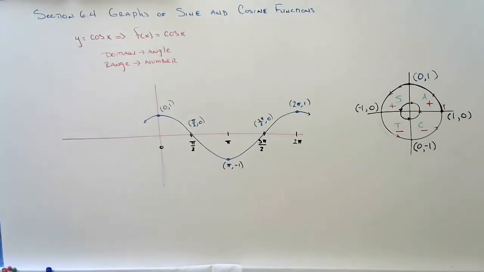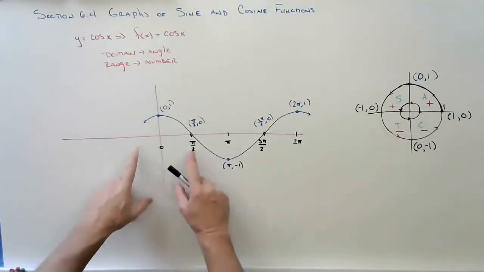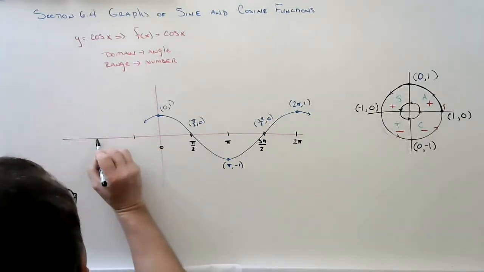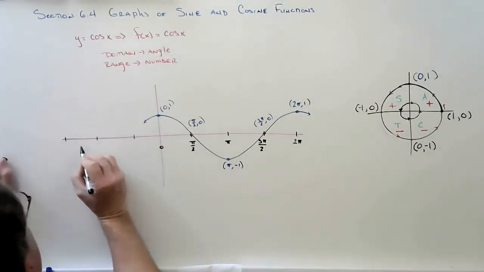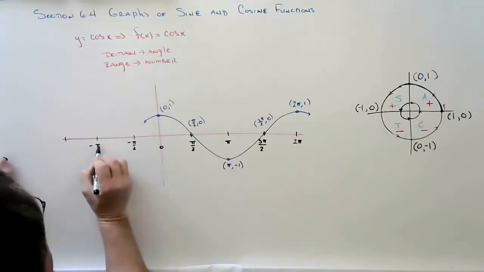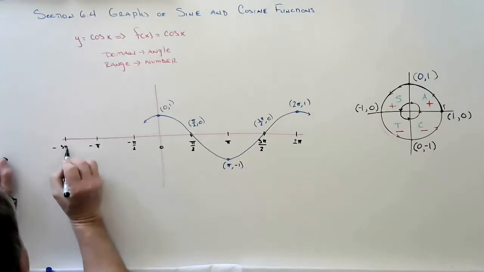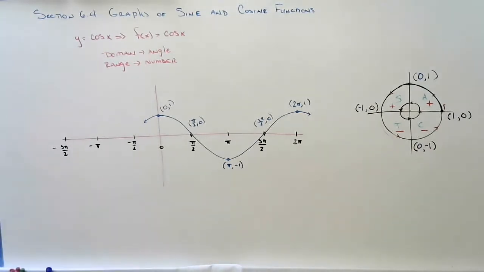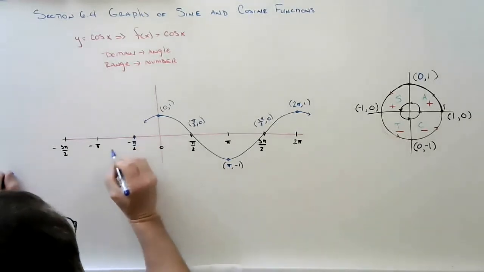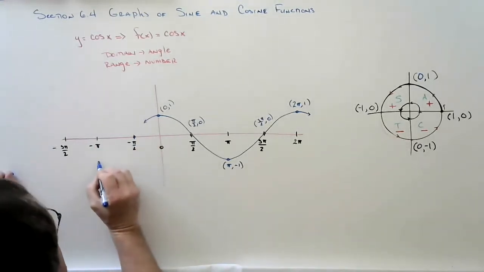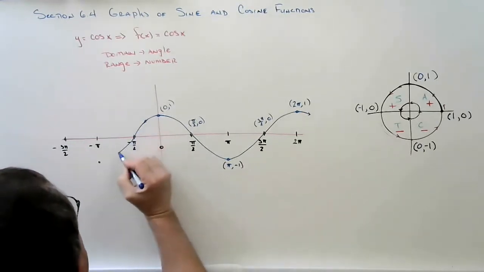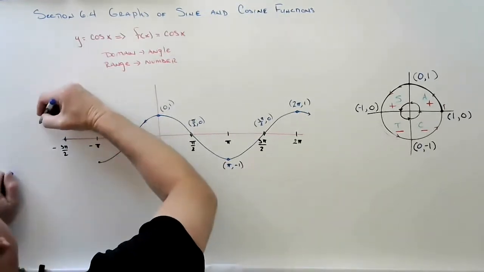Now, if we were to continue this over here, this is going to be -pi over 2 and -pi and -3 pi over 2. This would be 0. This would be -1. This would back up to 0. And our curve would look like this.